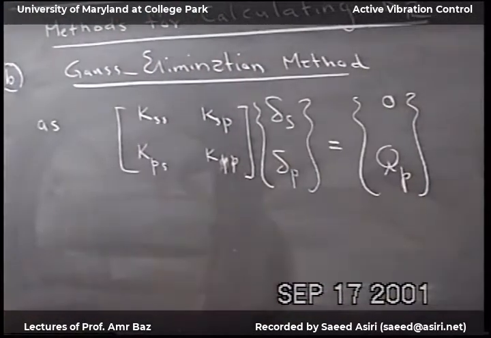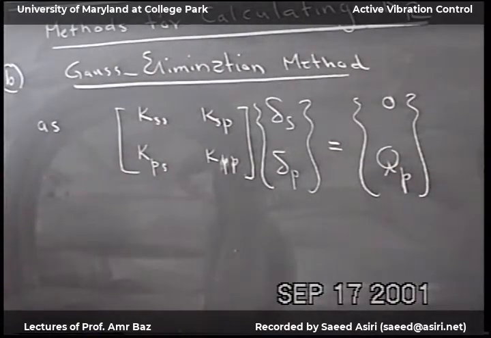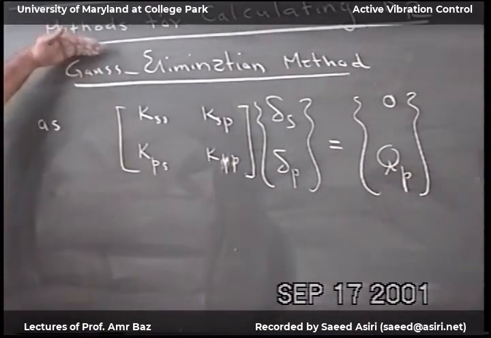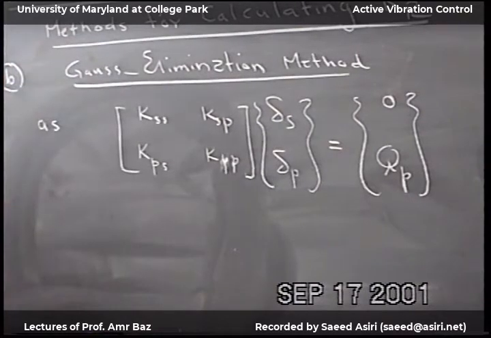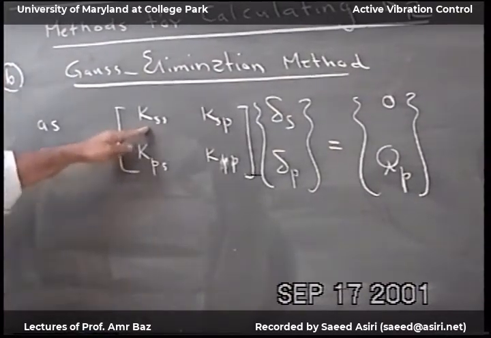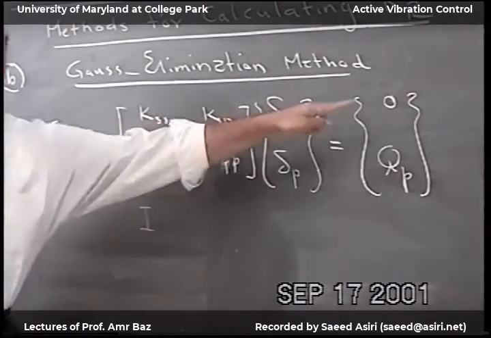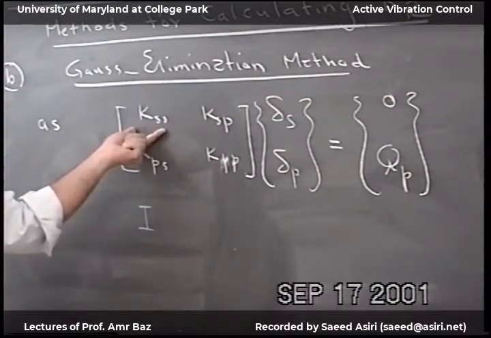So I'm going to do row reduction on this set of equations. And I'm going to put it in a canonical form by using the Gauss Elimination method. So I'm going to make this term identity matrix. Okay? So to make this term identity matrix, I have to multiply the entire row by the inverse of this.